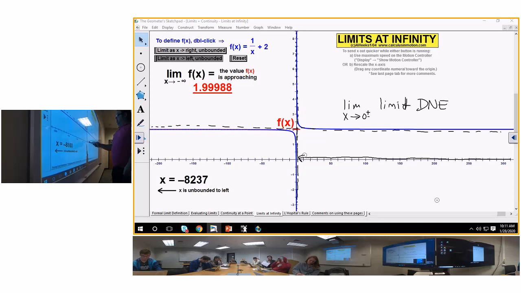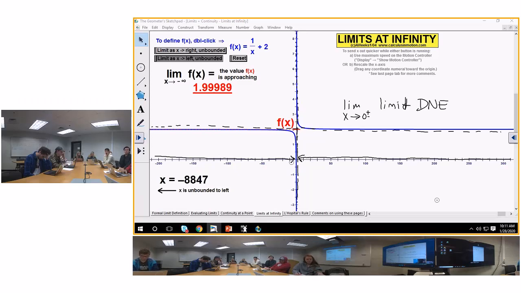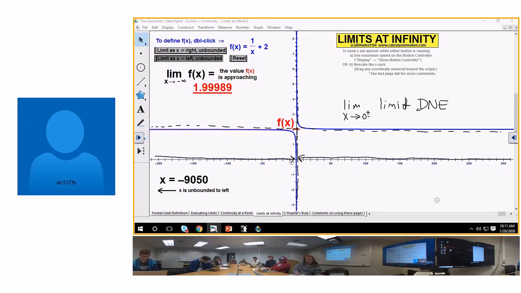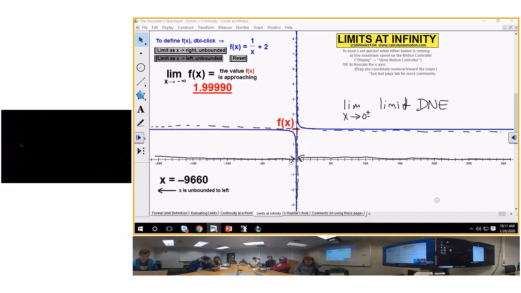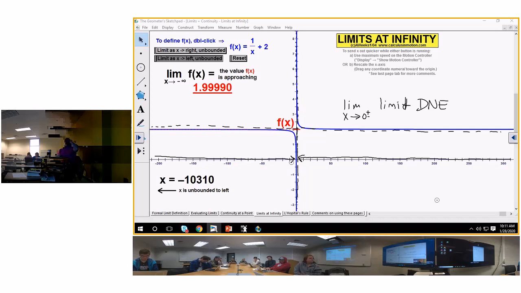And from the left, as x approaches from the left, you start getting closer and closer to the wall, but you never reach it. And that's question number 6. What's happening to the limit as x approaches 0 from the left and right? You have a non-existent limit. Does not exist.